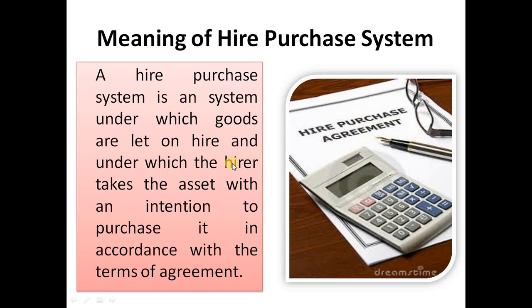The hirer is the person who takes the asset on hire, and he has taken this asset with an intention to purchase the same in future. So it's a system under which goods are given by one person to another person, and the other person, the person who takes the goods or the asset on hire, has the intention to buy the asset in future, but in accordance with the terms of agreement.